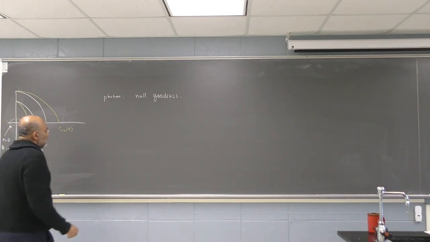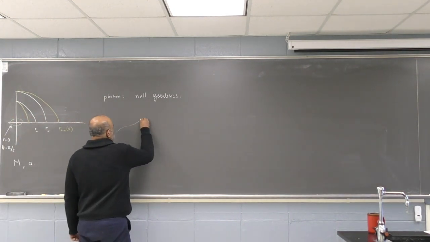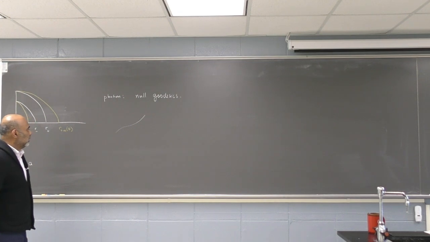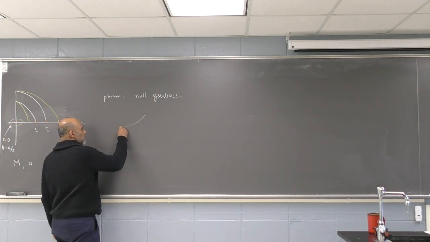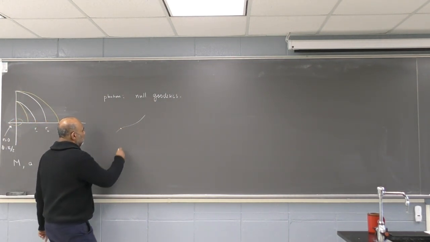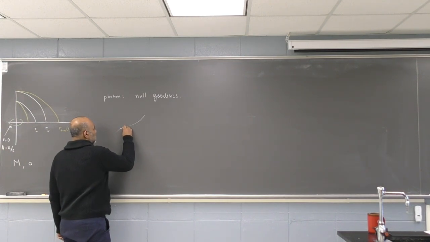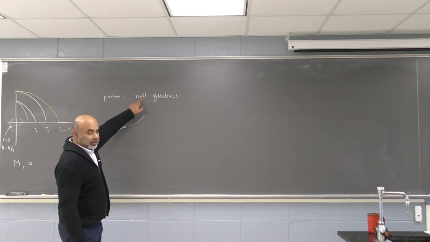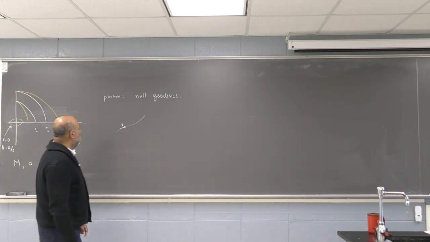And so a null geodesic is a curve, right? And this curve has some velocity vector. Maybe I'll call it L for light, and I'll connect that to null.